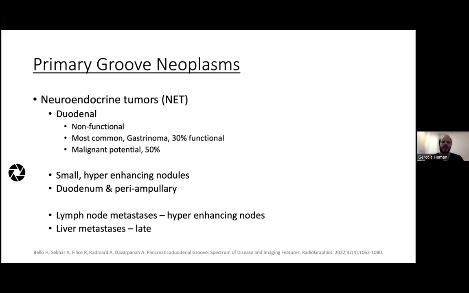Those are the areas one should scrutinize for a neuroendocrine tumor, as hyperenhancing nodes in the pancreaticoduodenal groove are sinister, and one should be looking for a cause. If we see small hyperenhancing nodules in the duodenum and periampullary region, that's how they will present.